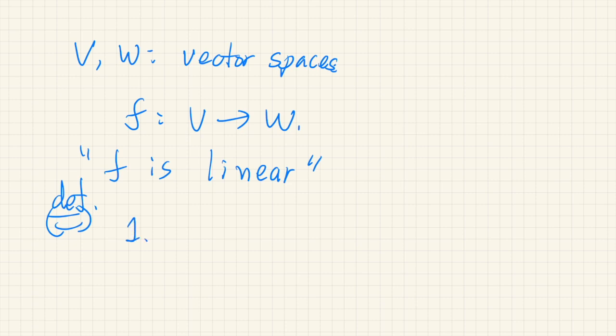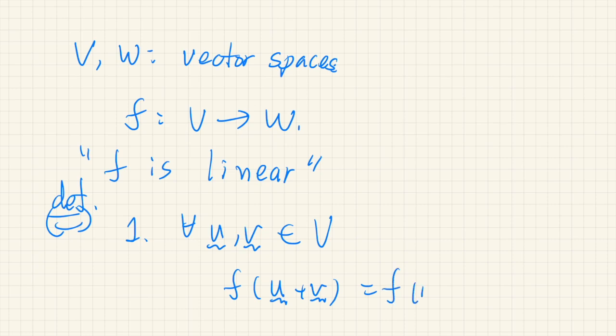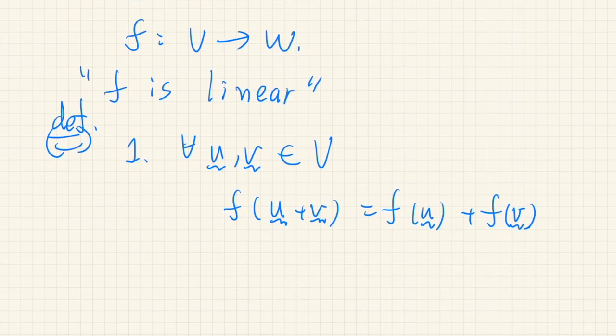First, for all u and v vectors in the domain, we have f of u plus v is equal to f of u plus f of v. So the sum is mapped to the sum.